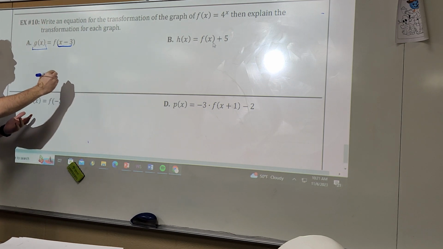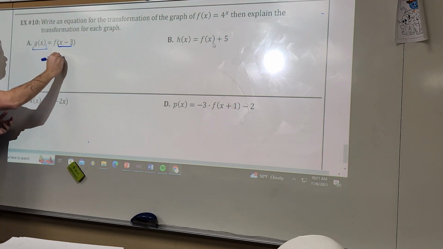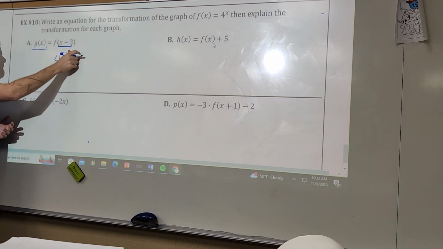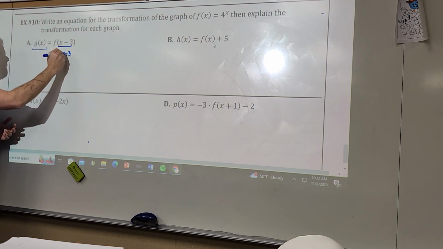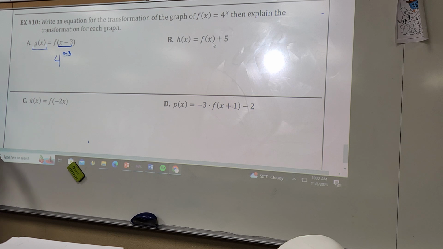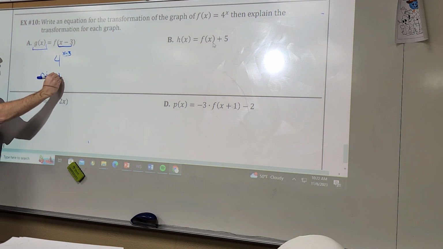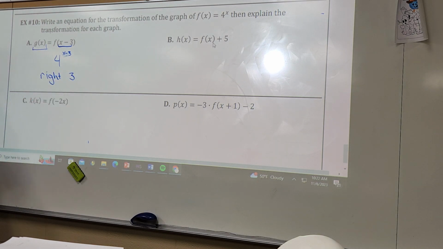X minus 3. So I'm taking my 4 to the x, but what am I plugging in for x? That x minus 3 is in parentheses, right? It's in the exponent. So am I messing up, down, or left, right? Left, right. Not just left, right, but we're going to go right 3.